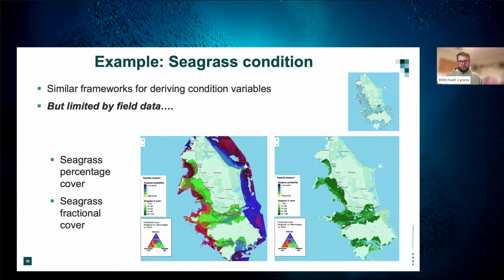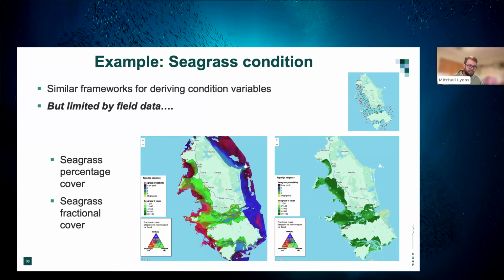In this particular example, you can see that a combination of seagrass as well as sand and macroalgae has been mapped. So we're making a fractional cover product for seagrass, which is really good information if we're trying to derive services like coastal protection, or fish recruitment grounds, or things related to hydrodynamic flow.